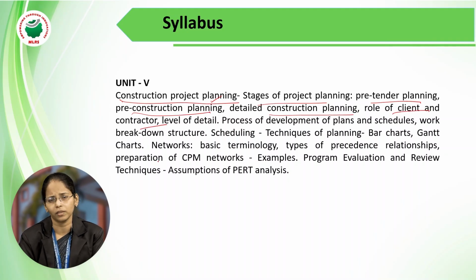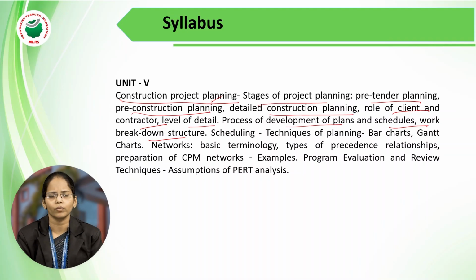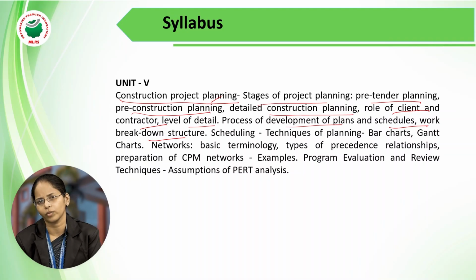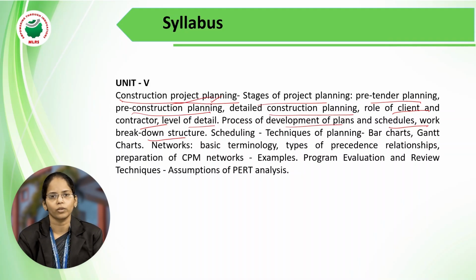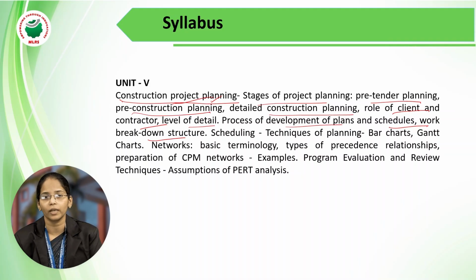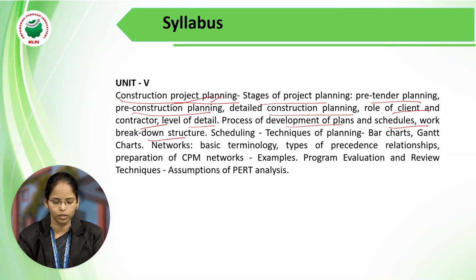The contractor is the main person who can increase the duration of the structure, or else decrease it. Then level of detail for development of plans, schedules, work breakdown structure. What is the schedule, with which stage we start, with which stage we complete, etc. All the parameters will come in construction project planning: how we'll start, at what time we complete, what is the duration, what is the cost, etc. So this is about unit 5.